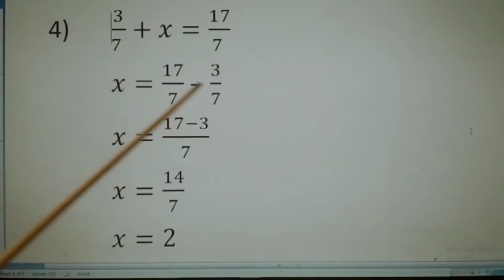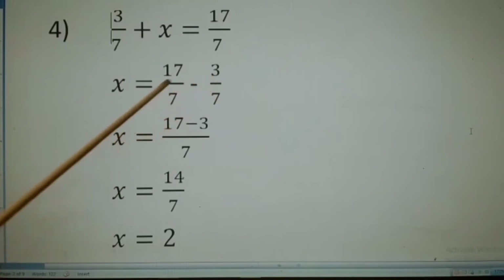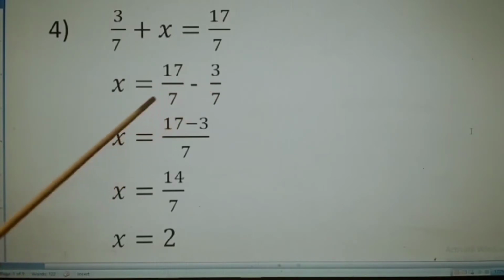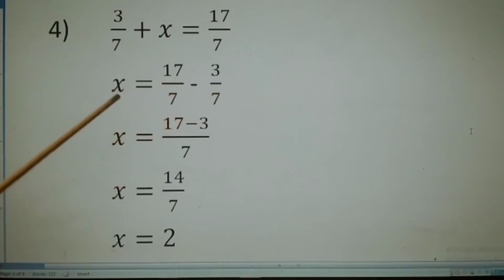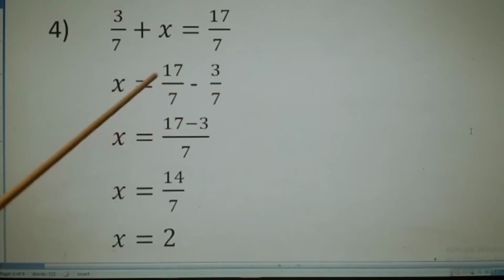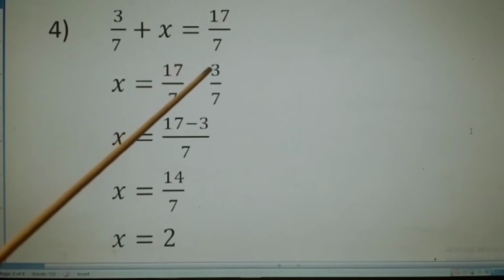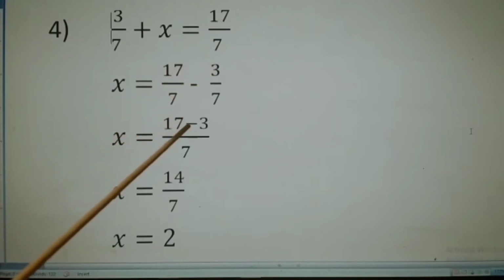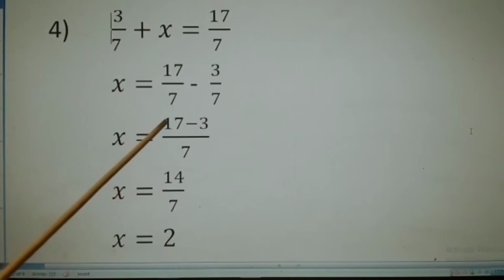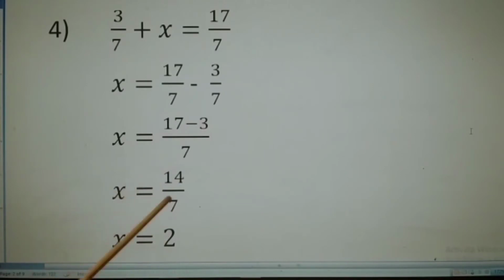Here denominators are the same, so we take one denominator as the LCM. That is 7 as the LCM. Here x is equal to, then numerator 17 minus 3 by 7. That is x is equal to 14 by 7, so x is equal to 2. So the value of x is 2.